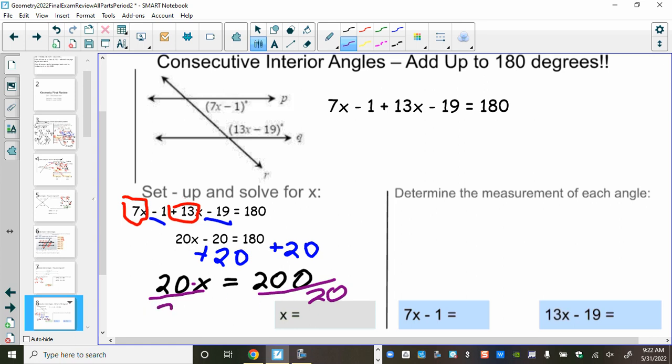Divide. To get x is 10. Thank you, Andrew. And then just substitute. 7 times 10 minus 1. 13 times 10 minus 19.